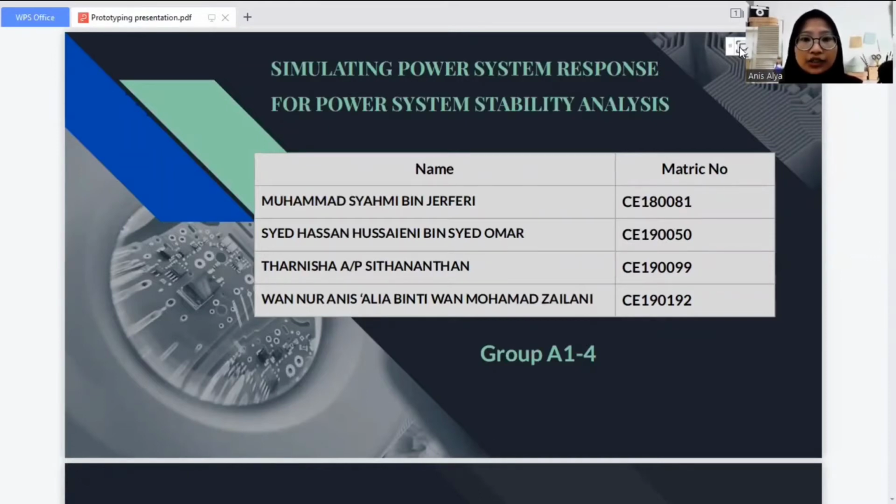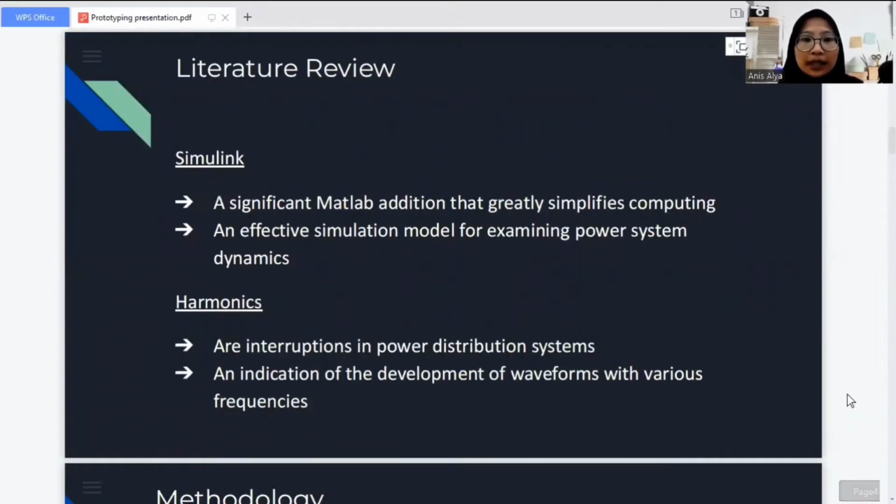For this lab session, I will present the literature review and methodology. MATLAB has become the industry standard for simulation and modeling. Simulink is a significant MATLAB addition that greatly simplifies computing. It allows users to drag and drop components into a new tab, join them and test the model. Simulink is an effective simulation model for examining power system dynamics.